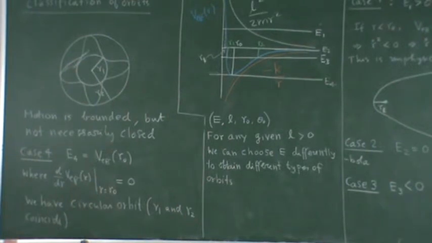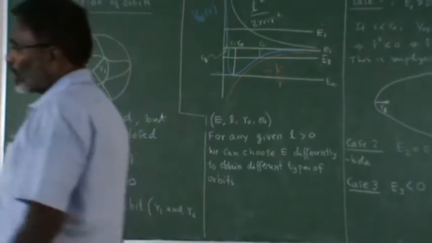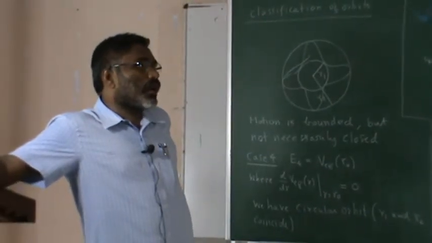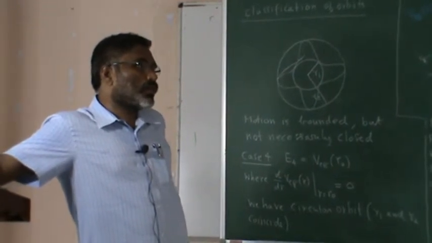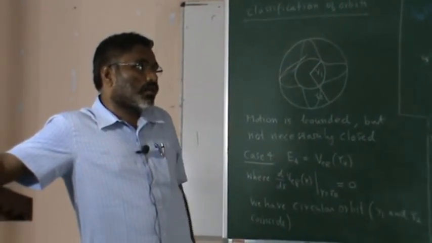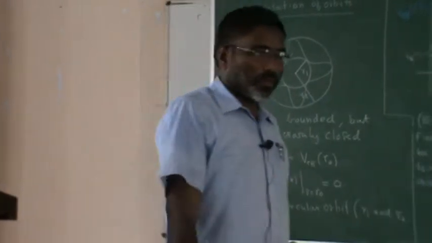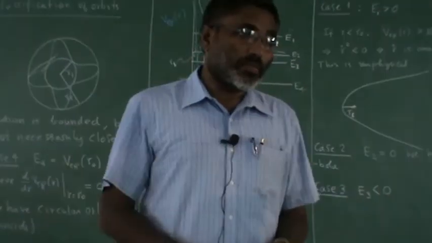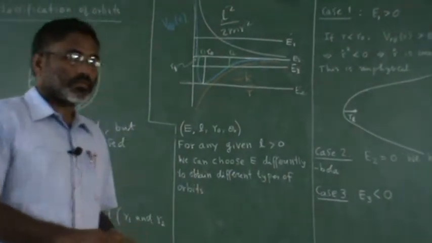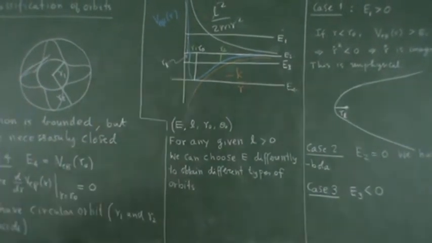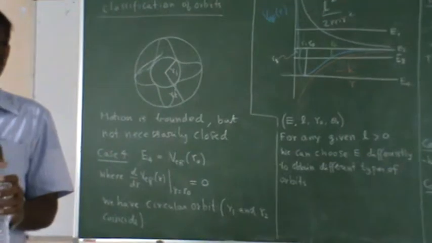Even if you have 1 by r square and 1 by r cube, more than one extrema is definitely possible. Maybe one is a maximum and the other is a minimum. It's possible to construct some central potential for which you have more than one minimum.